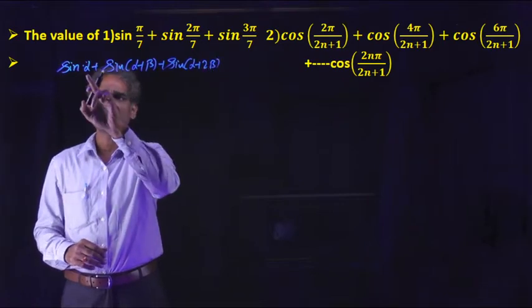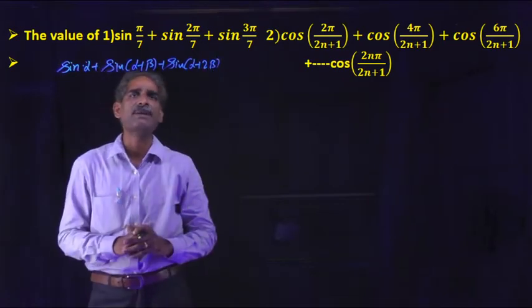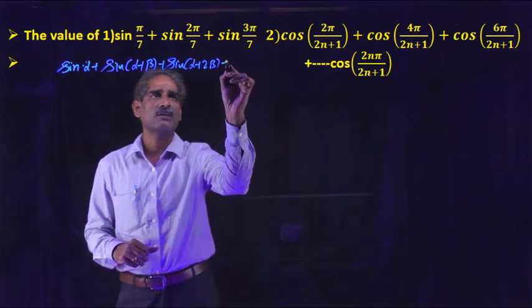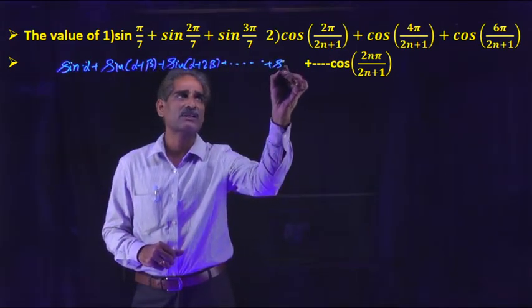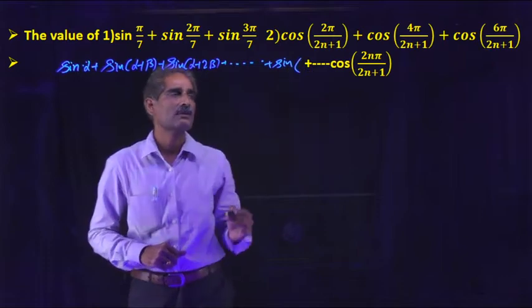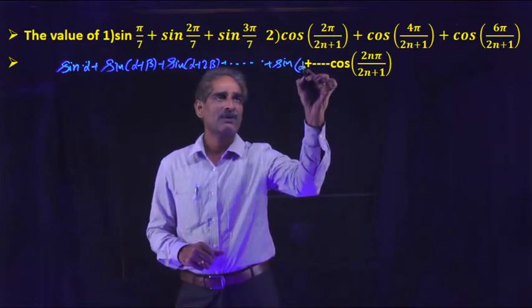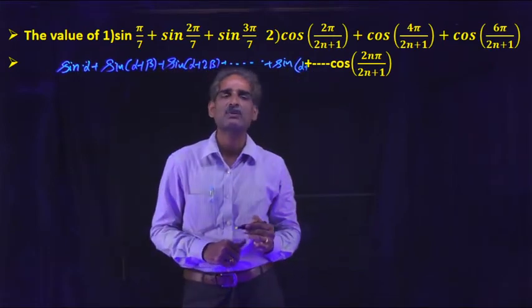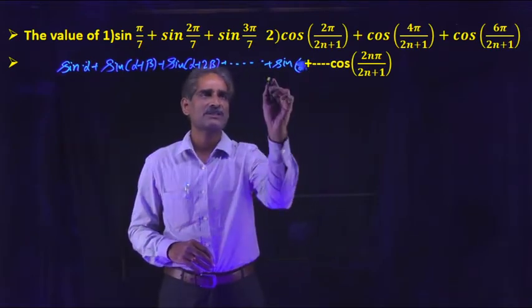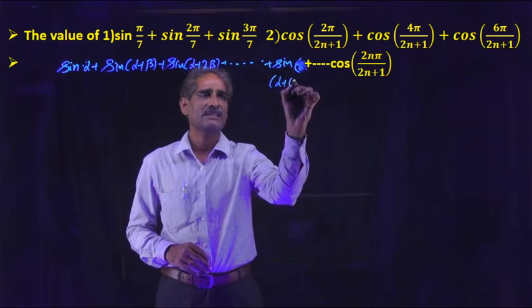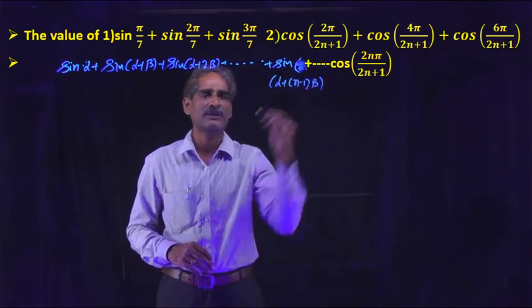So that means here the angles are in AP, up to n terms. Suppose the last term is sine of alpha plus n minus 1 into beta.